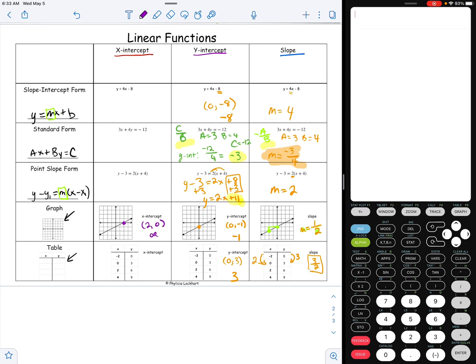Or we just say 2. So if we look here in this table, what appears to be the x-intercept? And it's right here where y is 0, -2, 0, or we just say -2.